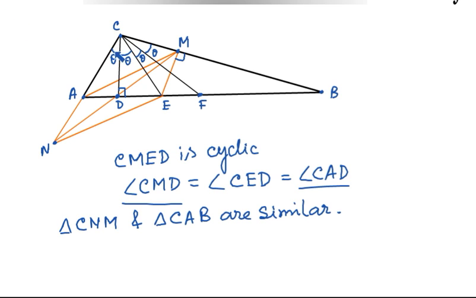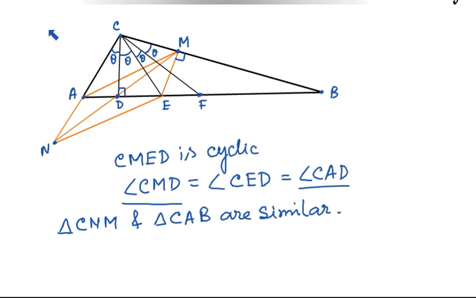C is the common angle in the triangle CNM as well as CAB, and we have proved that CMD is equal to CAD, so these two angles are equal and the other pair of angles are also equal. So the two triangles have three equal angles, so they have to be similar, with C as the common vertex.